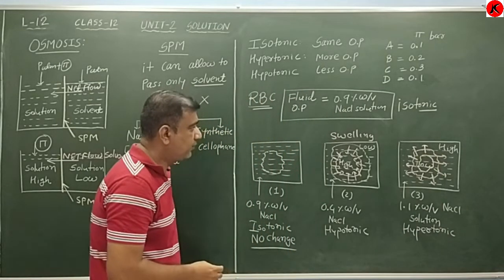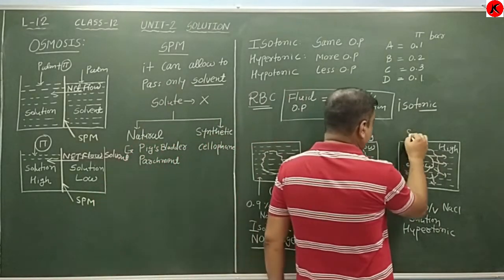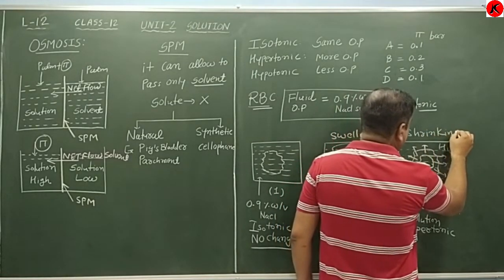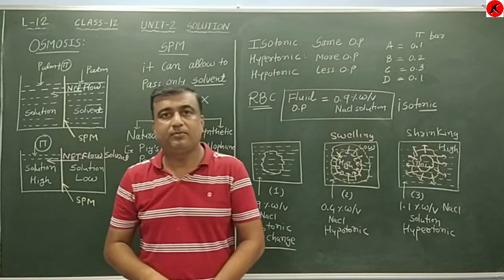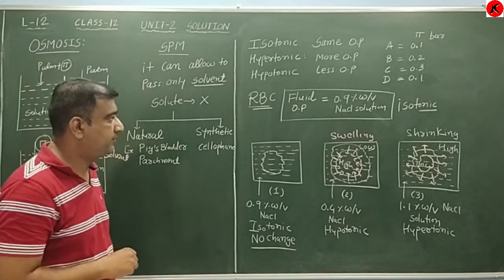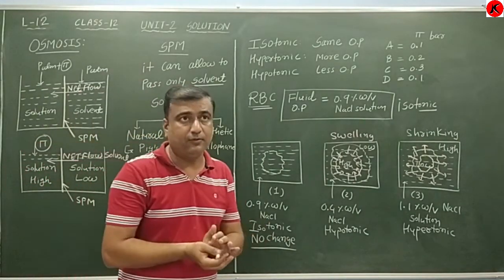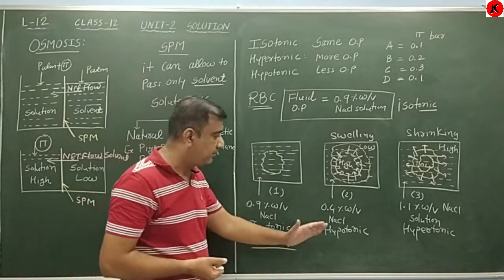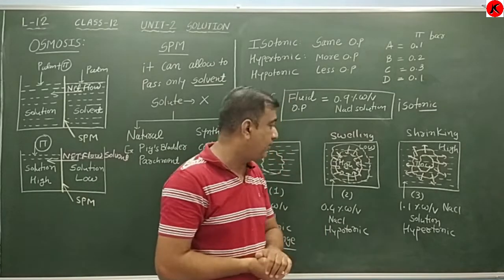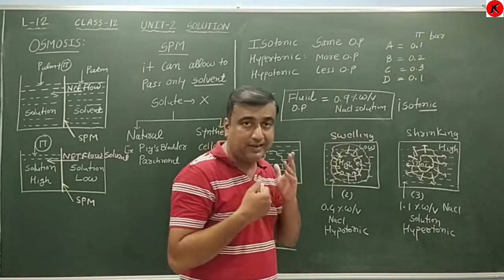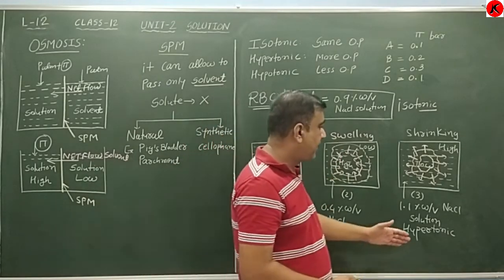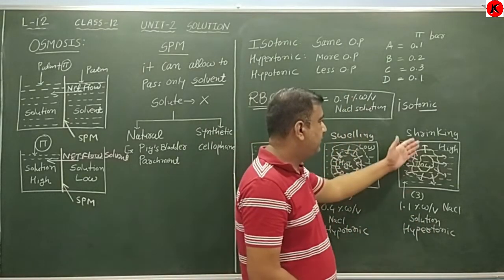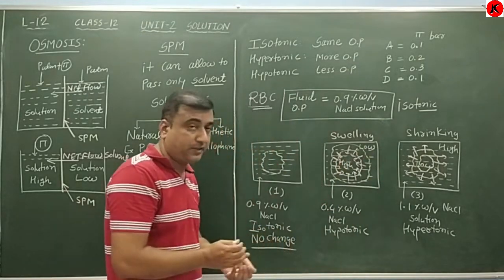In short, shrinking occurs. So finally the conclusion: when it is kept in isotonic solution, no change. When it is kept in hypotonic solution, swelling occurs and size increases. When it is kept in hypertonic solution, size decreases, shrinking occurs.